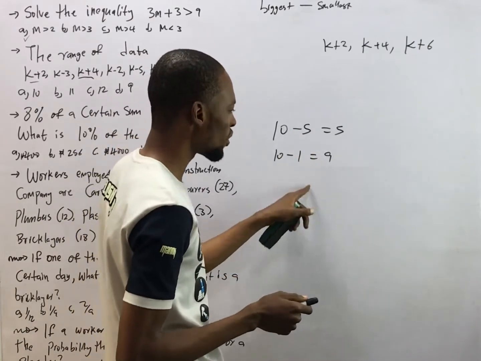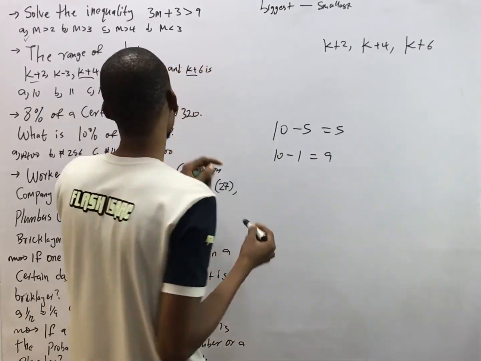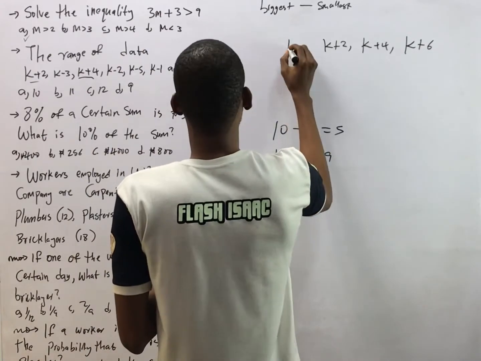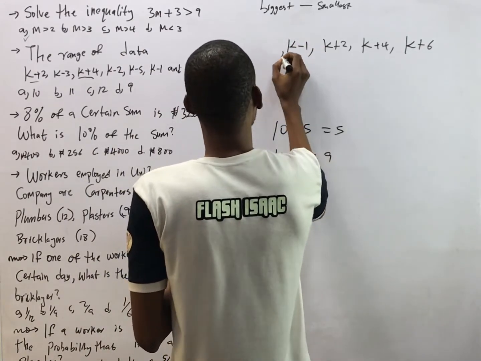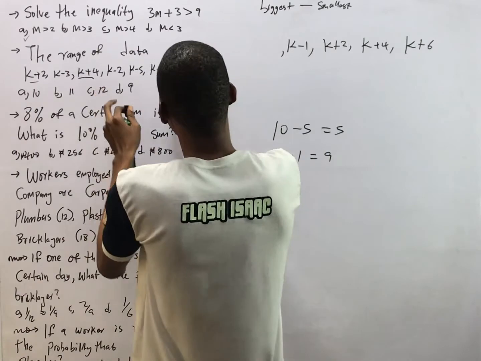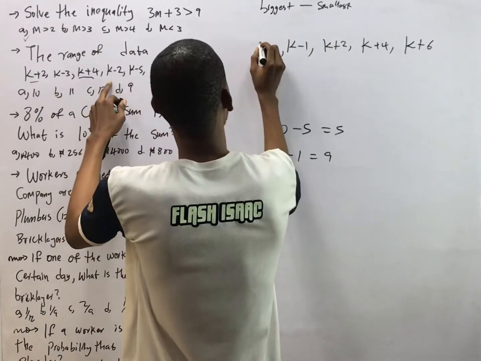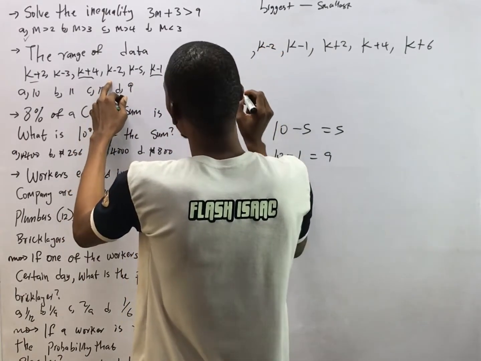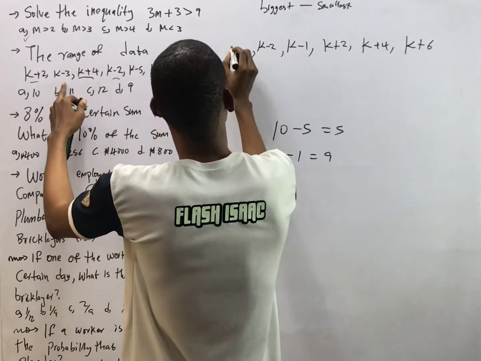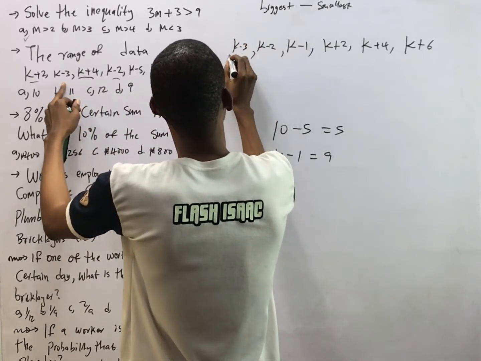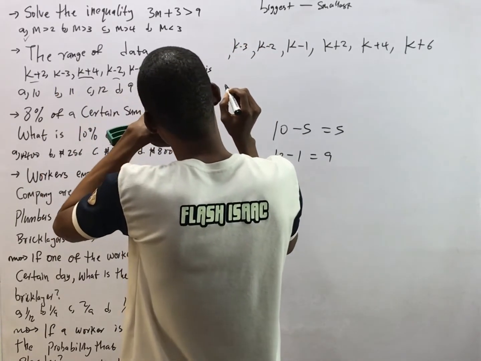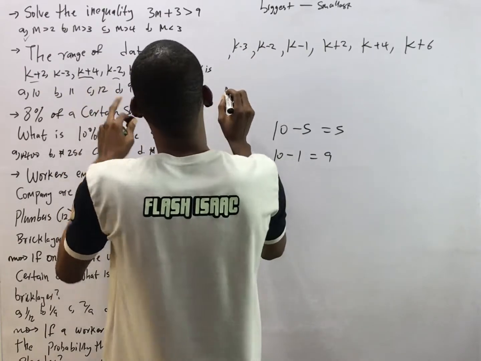So k minus 1 is bigger than k minus 5. So this should be followed by k minus 1, then followed by k minus 2, followed by k minus 3, followed by k minus 5.